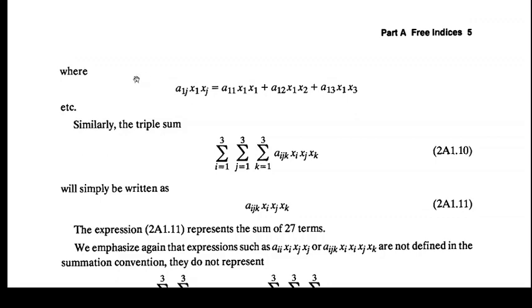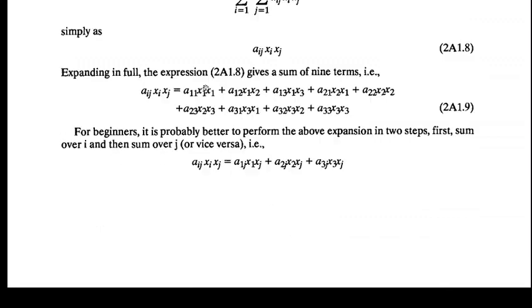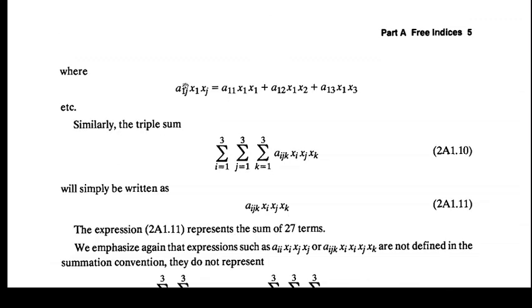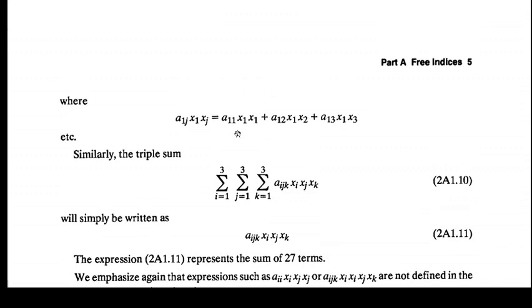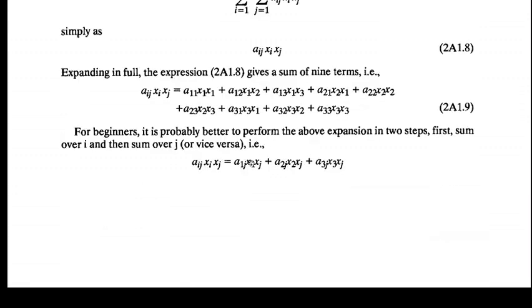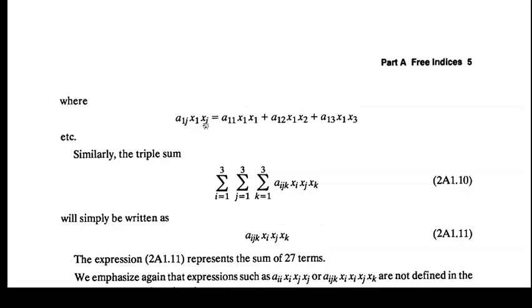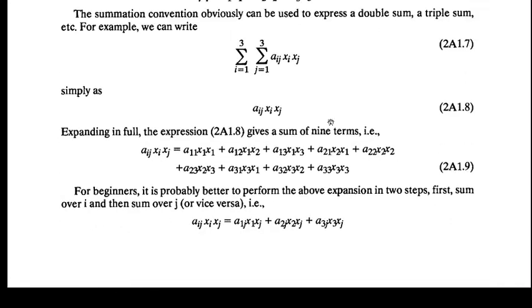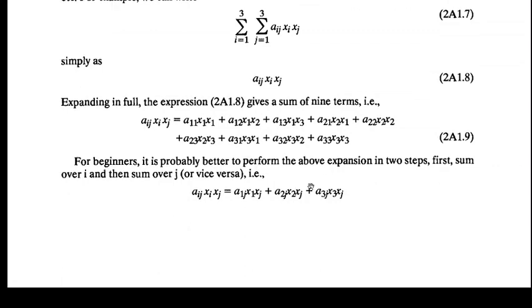For simplification, the writer has explained this explicitly: taking each term and opening j, and when you add these things you will have these 9 terms.